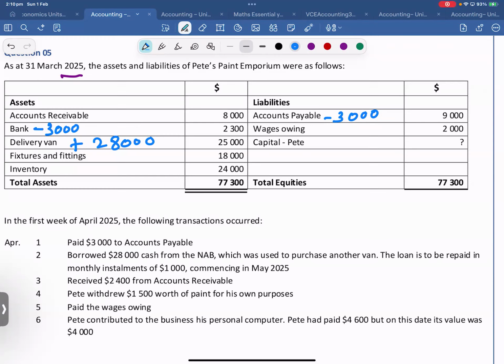So, Tanisha, this one, 28,000, right? What happens is the loan is increasing. But there's a problem here. What is it? Loan to be repaid, monthly installment of 1,000, commencing in May. When are we now? April, first week. So in May.